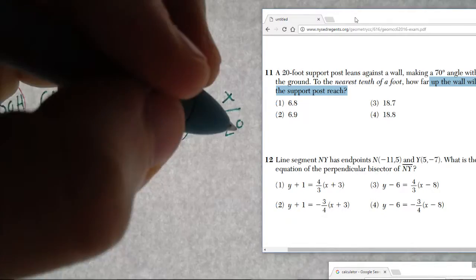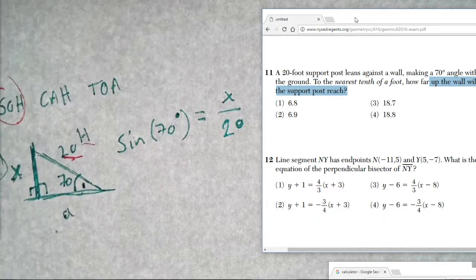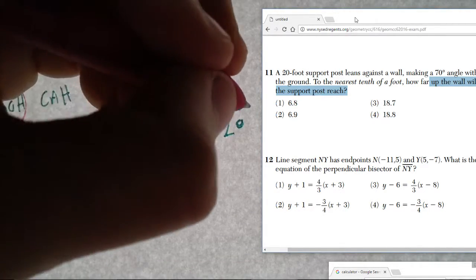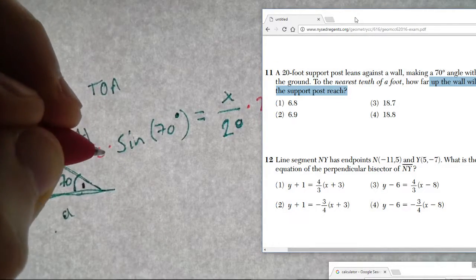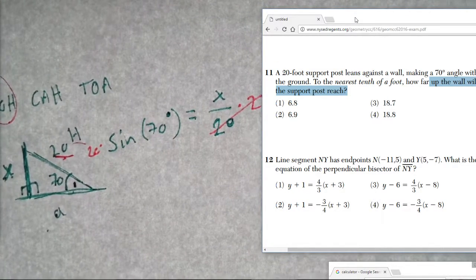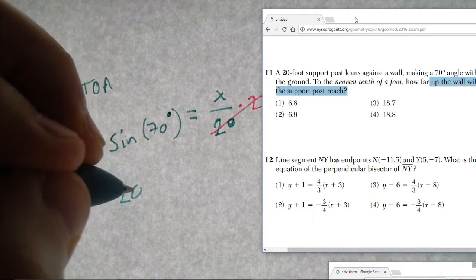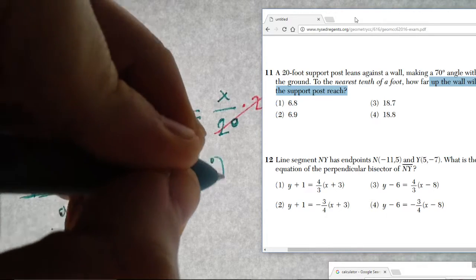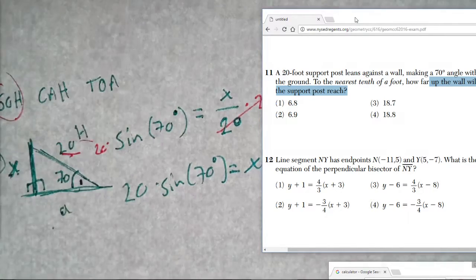Once I'm here, I gotta do the algebra first, get the X all by itself. So I will multiply both sides by 20. This gets me 20 times sine of 70 is equal to X.